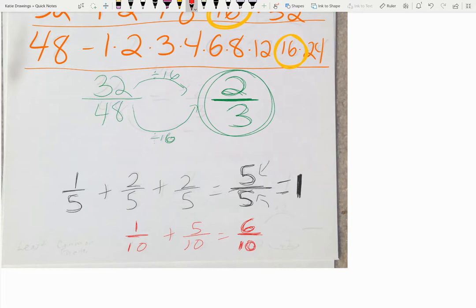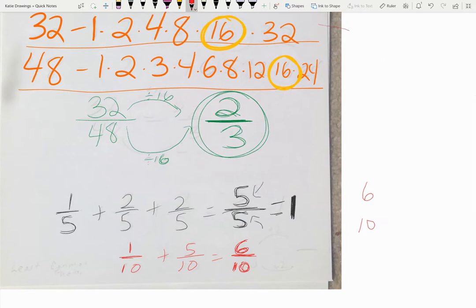If you need to write it out, you can always do 6 and 10, almost like what we did up here. For 6: 1, 2, 3, and 6.